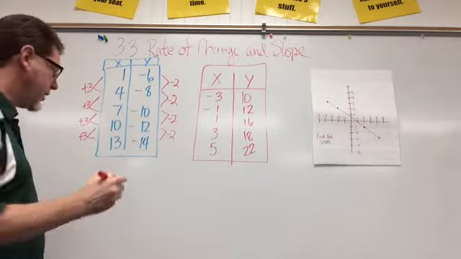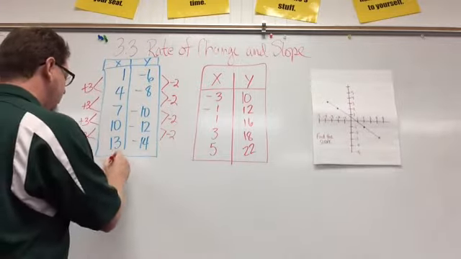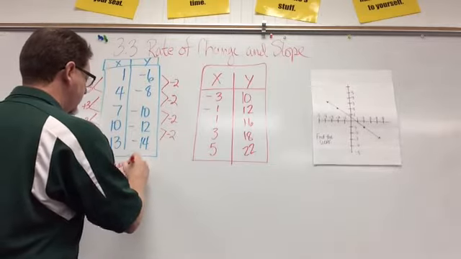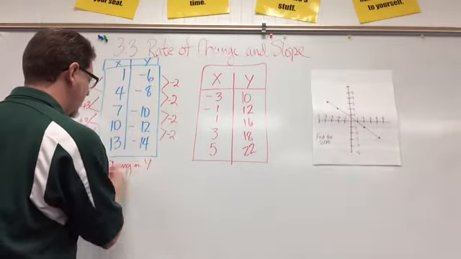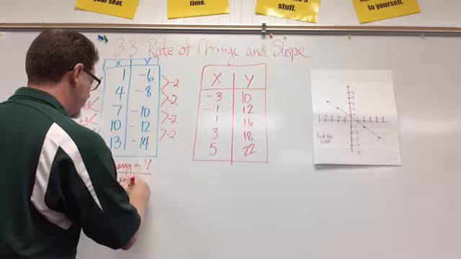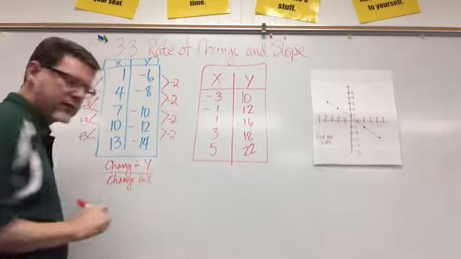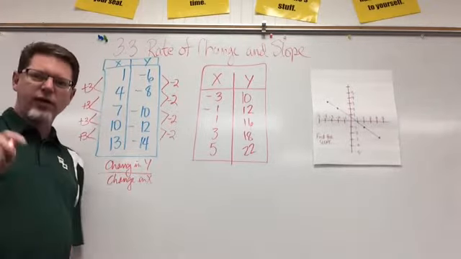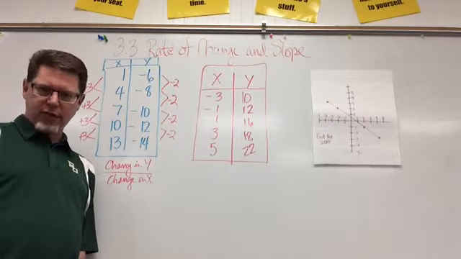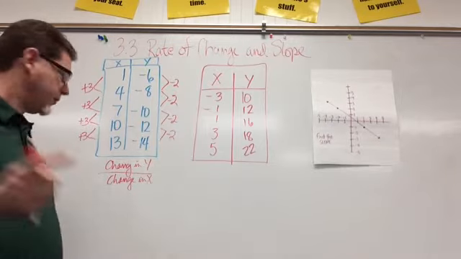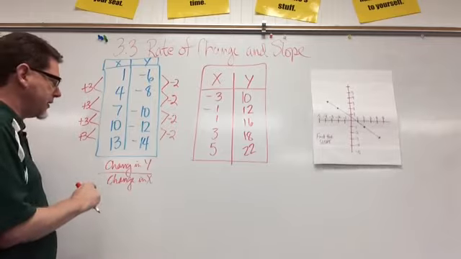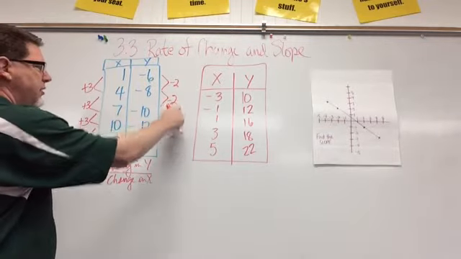So in order to find rate of change, I need to do the change in y over the change in x. Okay? And you might remember that from last year as well when we used the slope formula. Change in y over change in x. So the change in y, everything is the same.